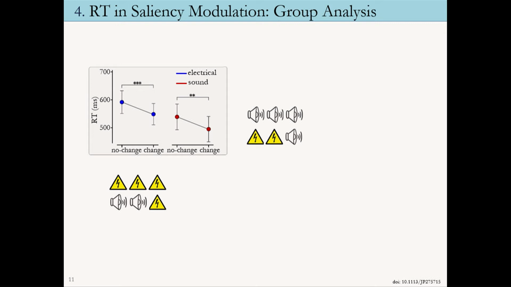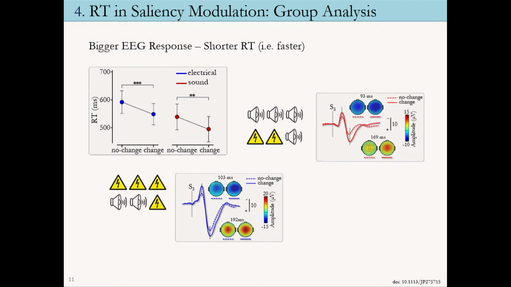So this is really nice, especially if we remember that we have just seen that the condition where the stimuli are different also gives us a bigger response. So look in conjunction at this figure, where when I have a change, I have a bigger response, and when I also have a change, I have a shorter reaction time.